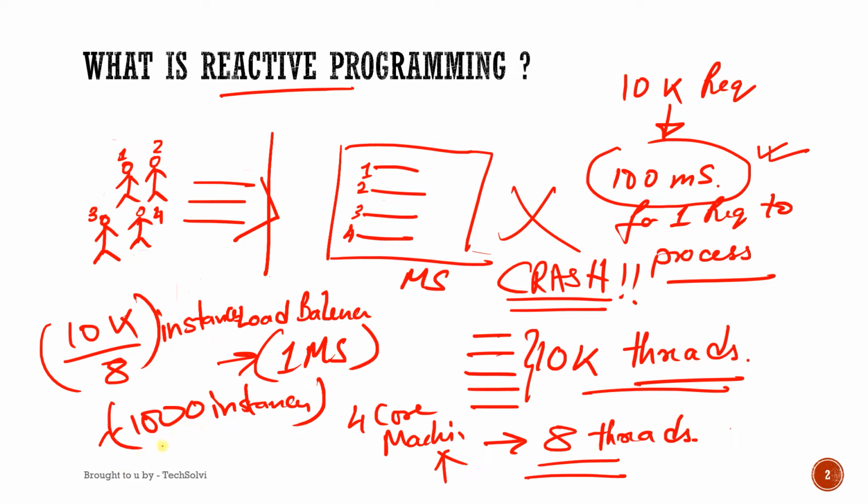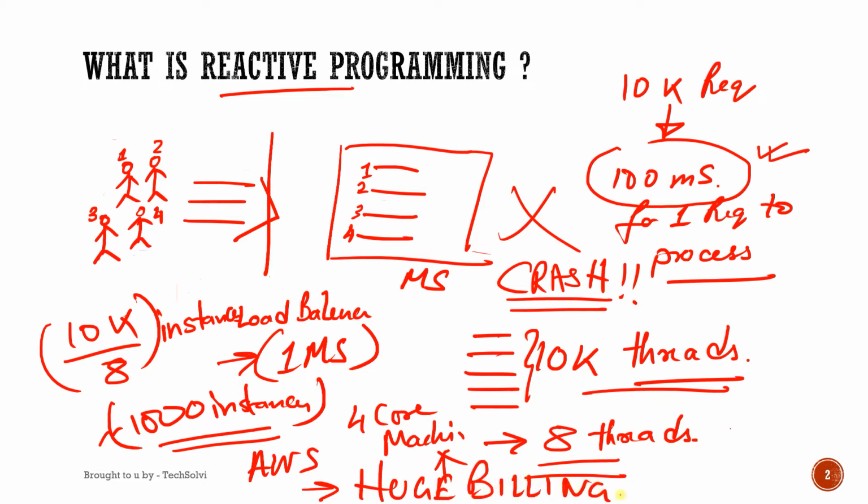If we do a cost analysis of this number of instances running simultaneously on, for example, AWS or Azure, whatever cloud the organization may be using, it will lead to a huge billing amount.